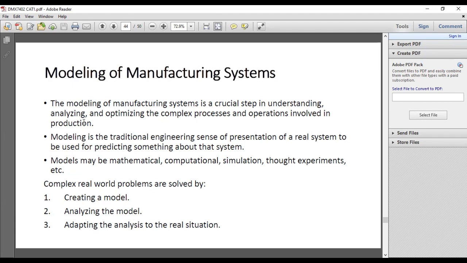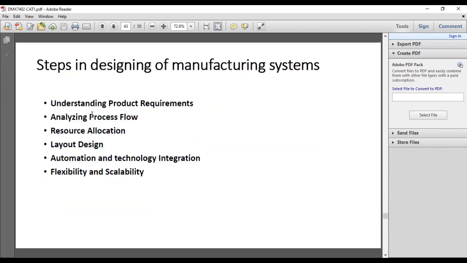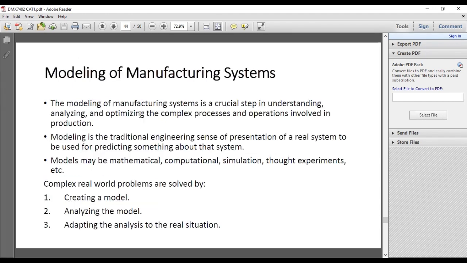You have to understand the requirement actually. So models can be mathematical or computational models, or like you can do simulation, or can be experimental, like physical models.